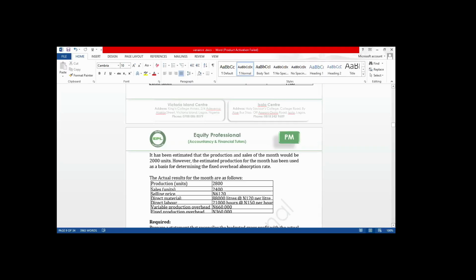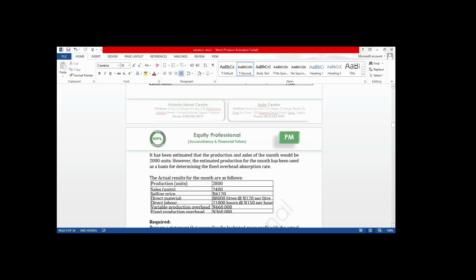Our budget for one month is that we should produce 2,000 units and sell 2,000 units. However, the estimated production for the month has been used as the basis for determining the fixed overhead absorption rate.